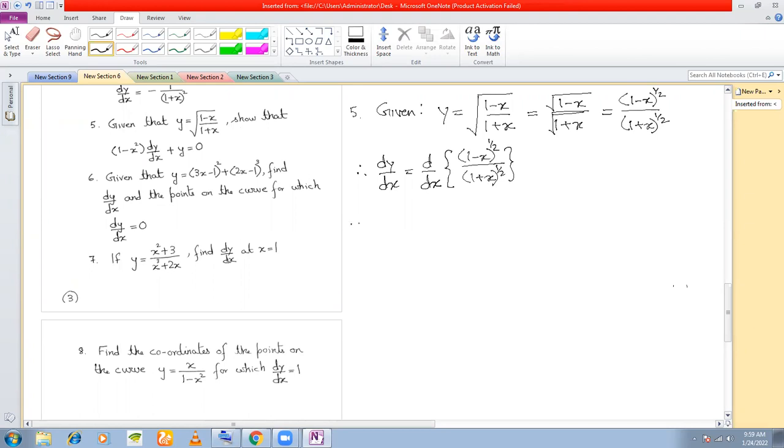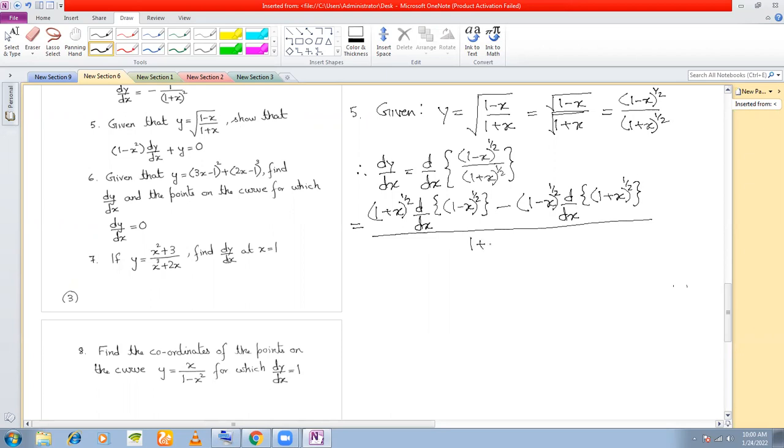We use the u by v rule: v, which is (1 plus x) to the power of half, into d/dx of u, (1 minus x) to the power of half, minus u, which is (1 minus x) to the power of half, into d/dx of v, which is (1 plus x) to the power of half, divided by the square of the denominator, (1 plus x) to the power of half squared.